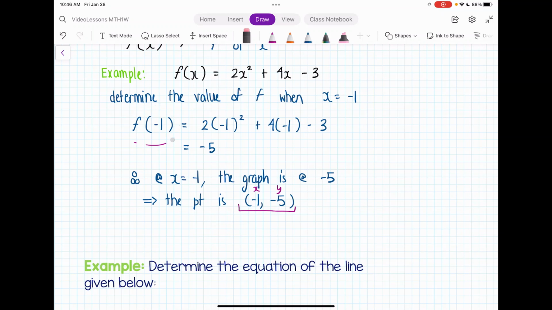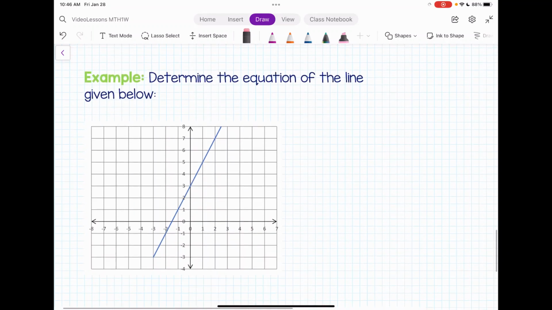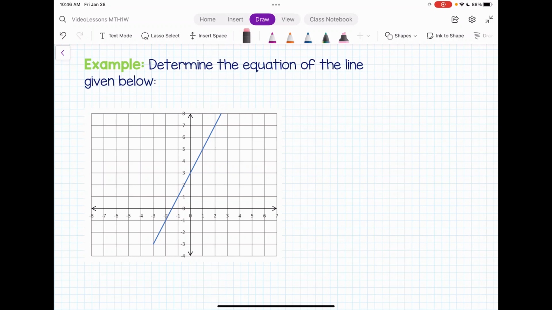Okay, so we're going to see if we can put together the things that we learned in what do m and b mean in the equation of a line. So here we want to figure out the equation of this line.